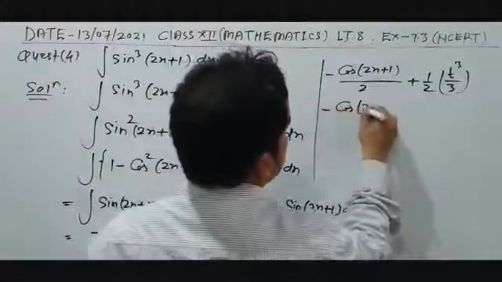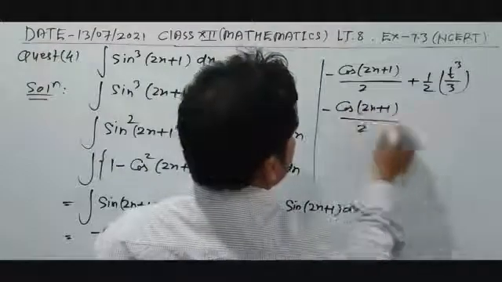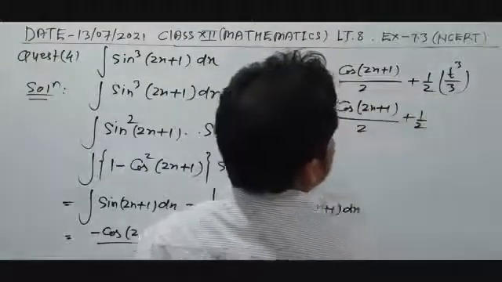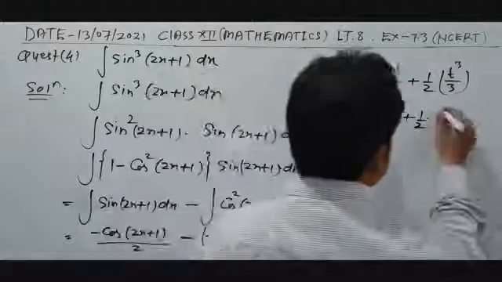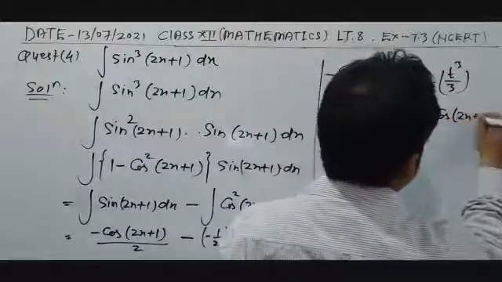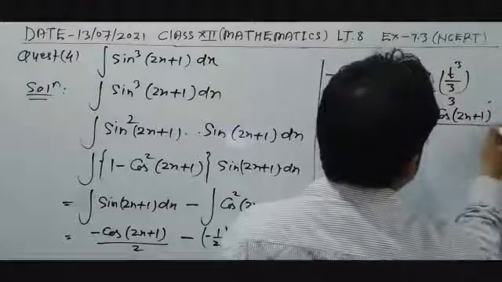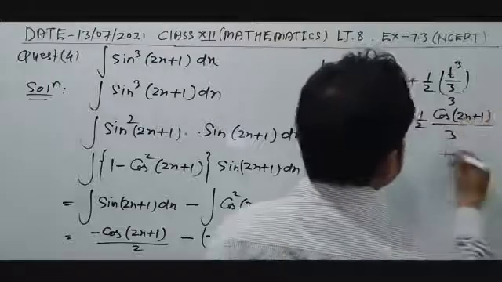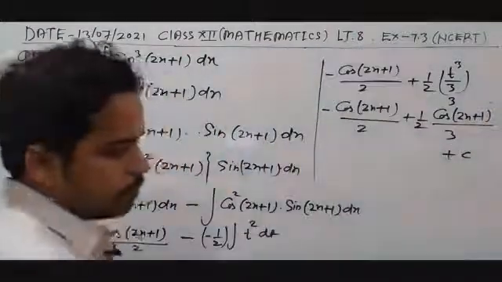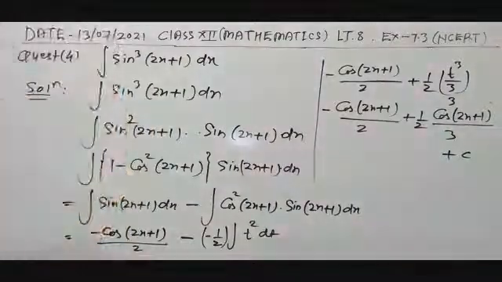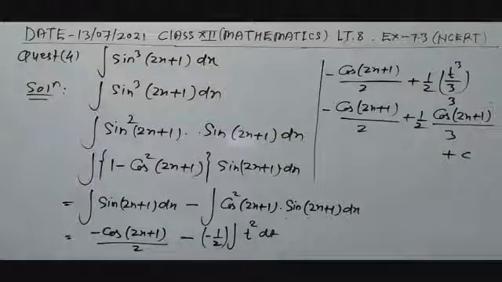So cos of 2x plus 1 by 2 plus 1 by 2 cos 2x plus 1 cube by 3, and now plus c. So 2 3 are 6, and the result will be this is the answer.